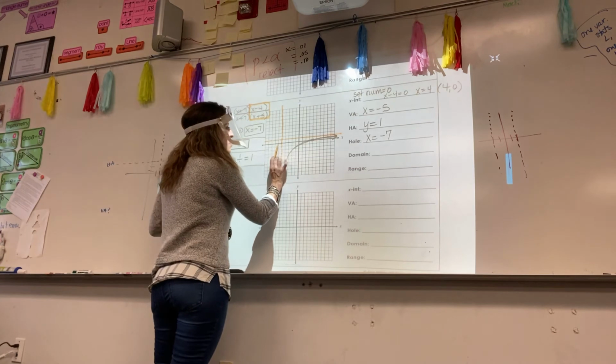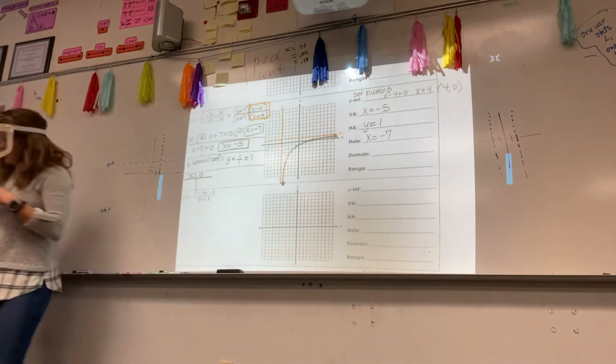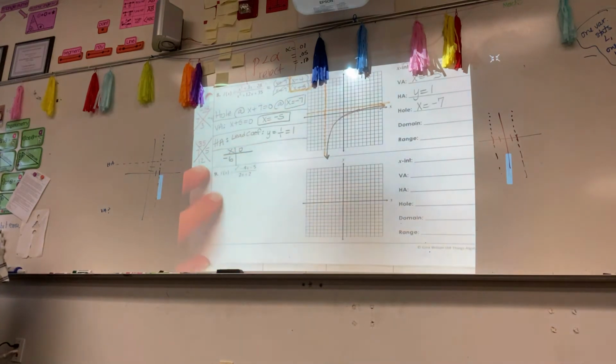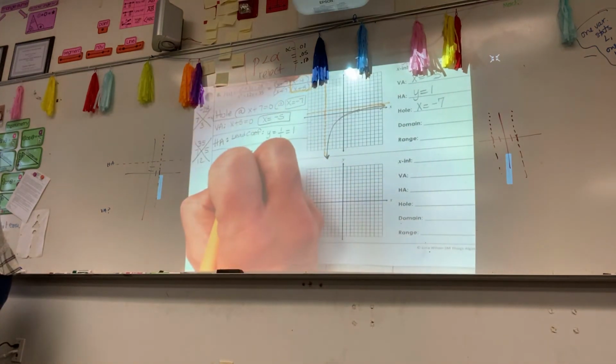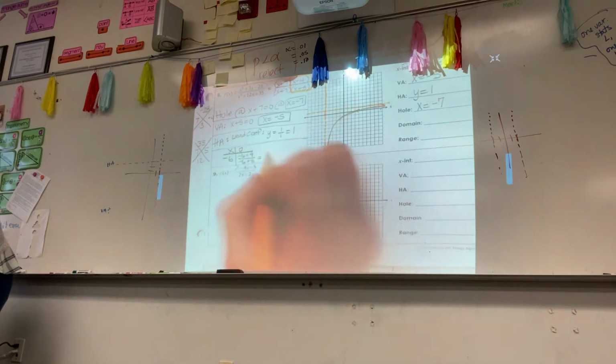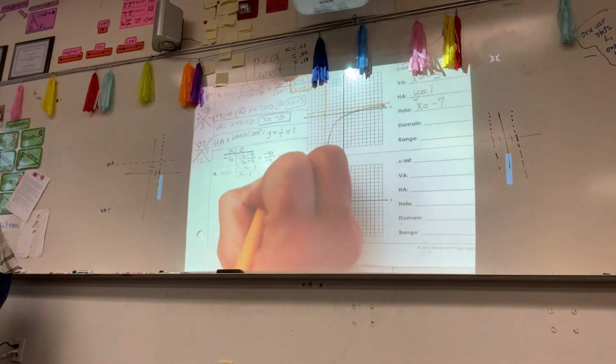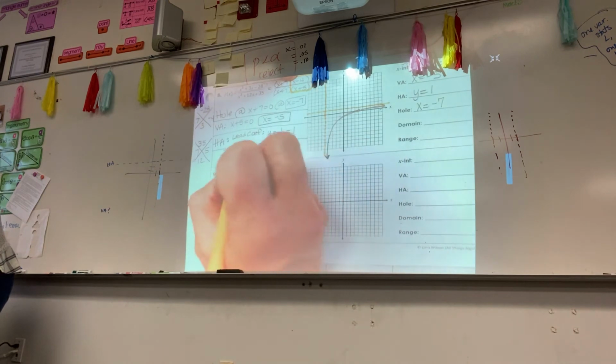But anyhow, why don't we do -6? So down here, now that I know what my x-intercept is, I got to pick another number that'll work. So I'm going to come over here and plug in -6. So I get -10 all over -1, so 10.